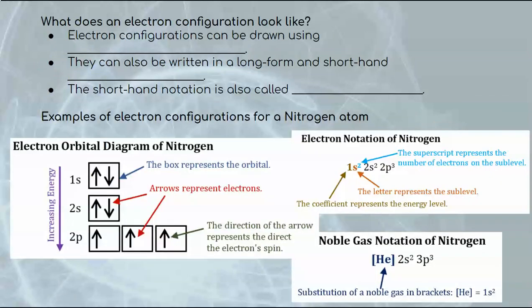So what does an electron configuration look like? Well, electron configurations can be drawn using electron orbital diagrams, and that's what's shown below. They can also be written in long form or shorthand electron notation.